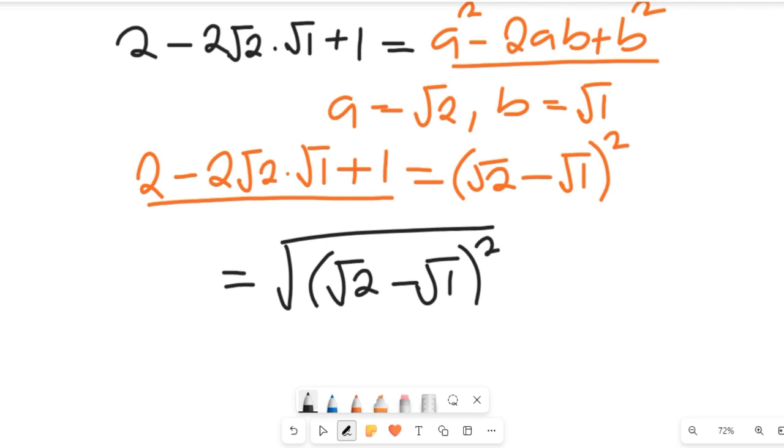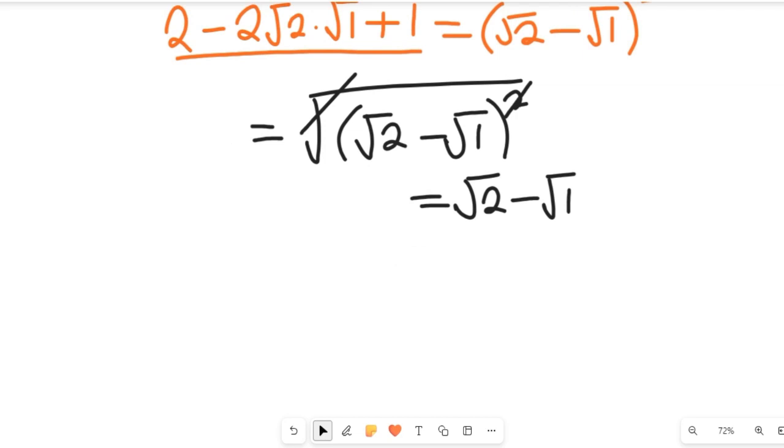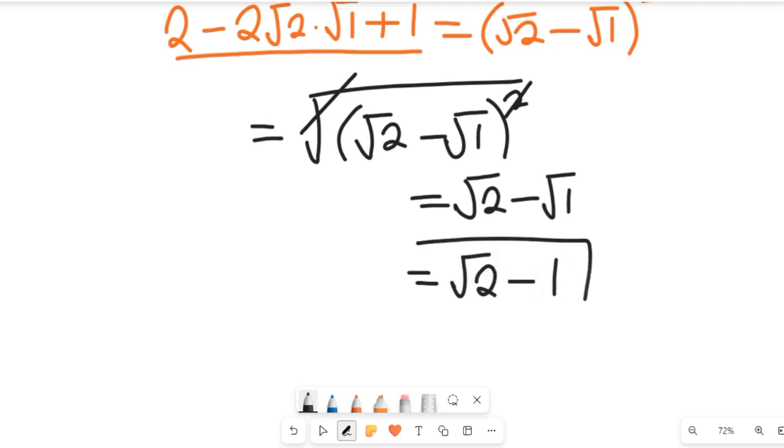So this can clear this whole square root, and then we'll have root 2 minus root 1 to be the solution. Root 1 is still equal to 1. So our solution will be root 2 minus 1, and that will be the solution to that expression.